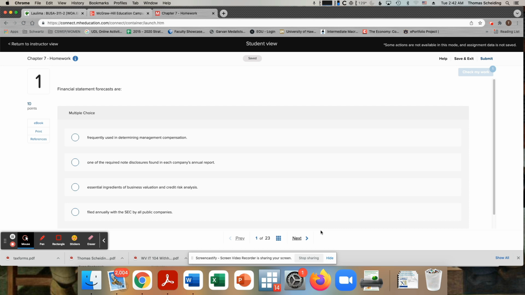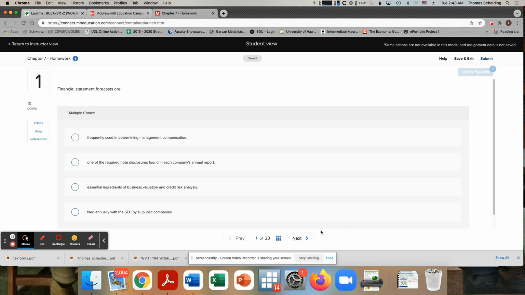Okay, first one. What do financial statement forecasts do? So this is a definitional question. My comments for these are a little bit more limited because these are the kinds of things that you can look up. But essentially, what a financial statement forecast does is everything that this course needs. It's how we do the valuation process and we analyze the credit risk within the company.